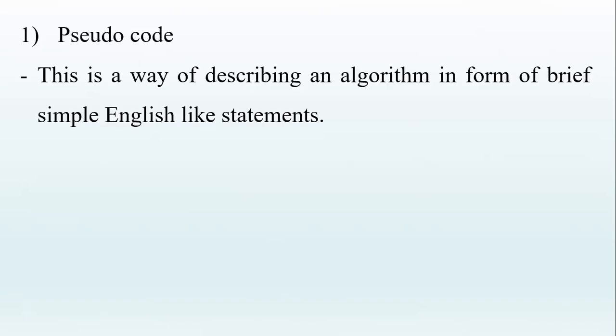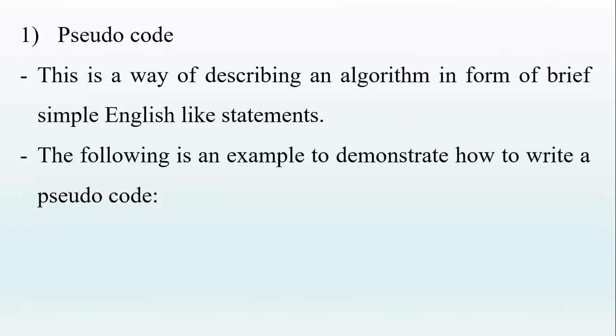Let's look at the pseudocode. This is a way of describing an algorithm in form of brief, simple English-like statements. The following is an example to demonstrate how to write a pseudocode.